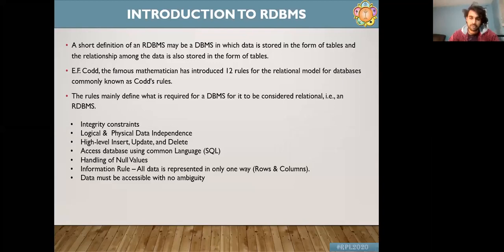But just remember that we have 4 types of integrity constraints. Make sure to take this in your notes. Primary key is the first one, foreign key is the second one, the third one is unique constraint, and the fourth one is check constraint.